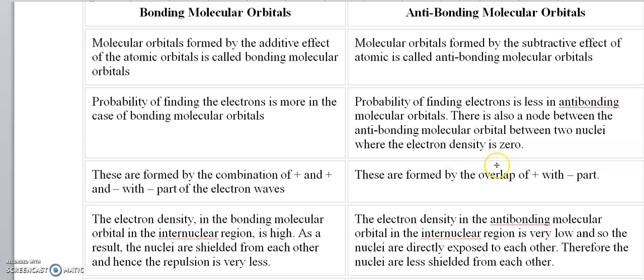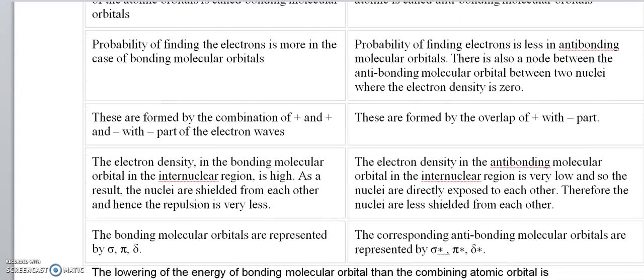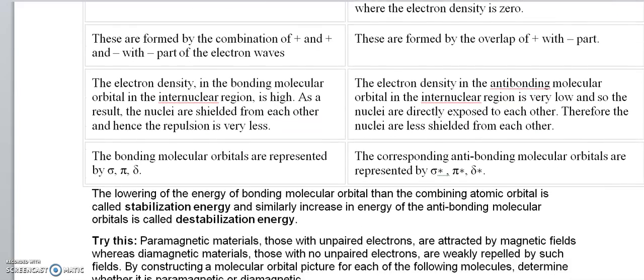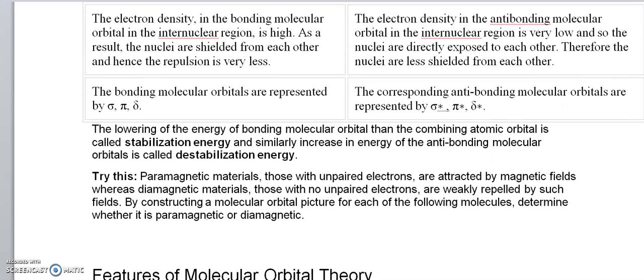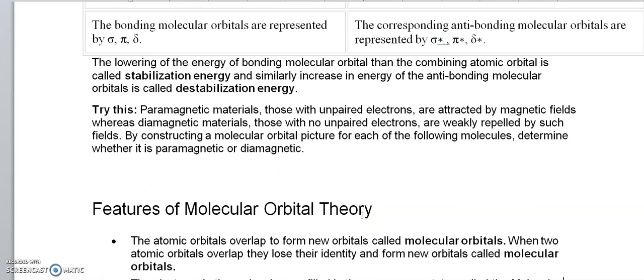It should be the same, but in the case of antibonding, it is positive with negative. The lowering of the energy of the bonding molecular orbital compared to the atomic orbital is known as stabilization energy, and the higher is destabilization energy. So the bonding molecular orbital has high stabilization energy.